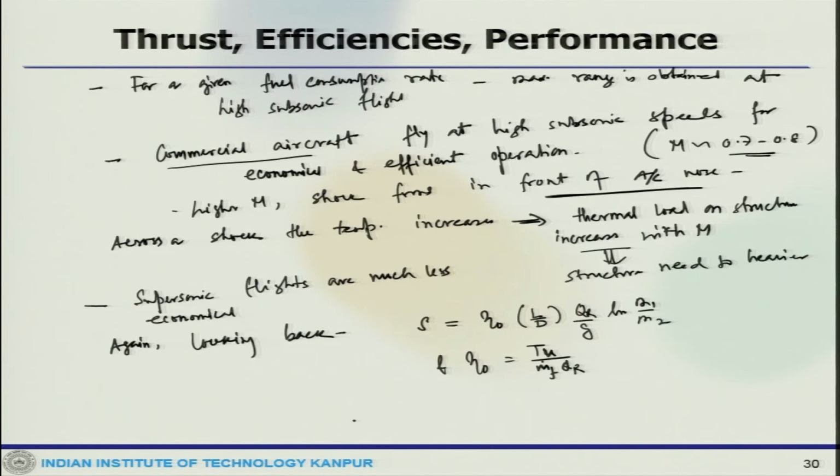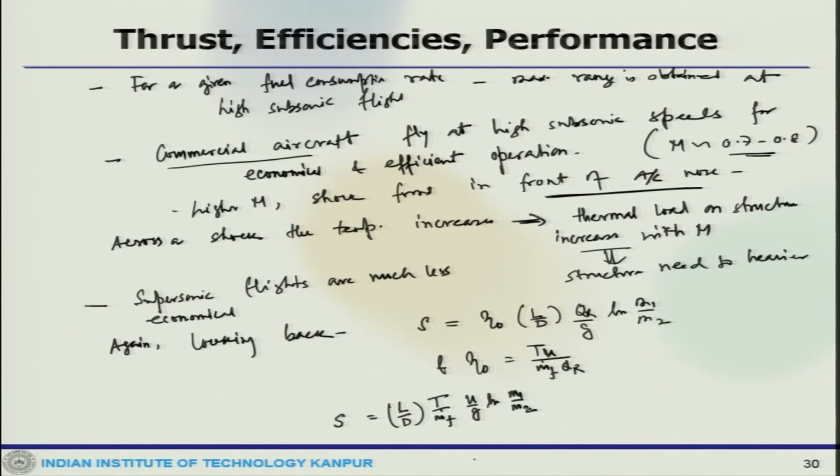So, if we put this back, we can write S is L by D, T by m dot, u by G, ln m1 by m2.